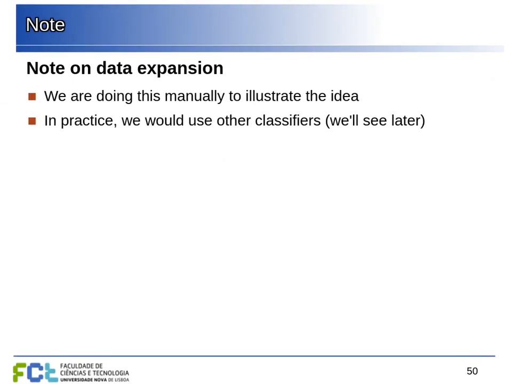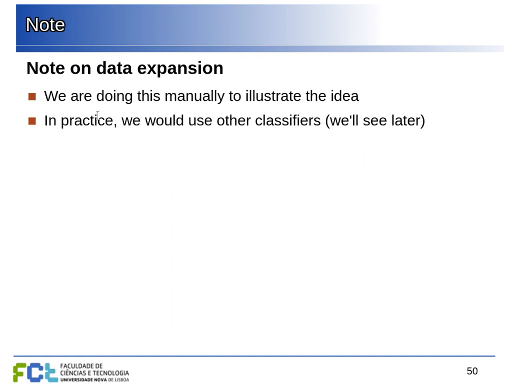But I wanted to point out that this is really not something that you'll do in practice, because if you need to do this kind of expansion into a higher dimensional space or nonlinear transformations of the data in order to enable a classification, then what you're going to do is either use something like support vector machines, which can do this implicitly, or neural networks that can do this in different layers and so on. So we're going to see these classifiers later.